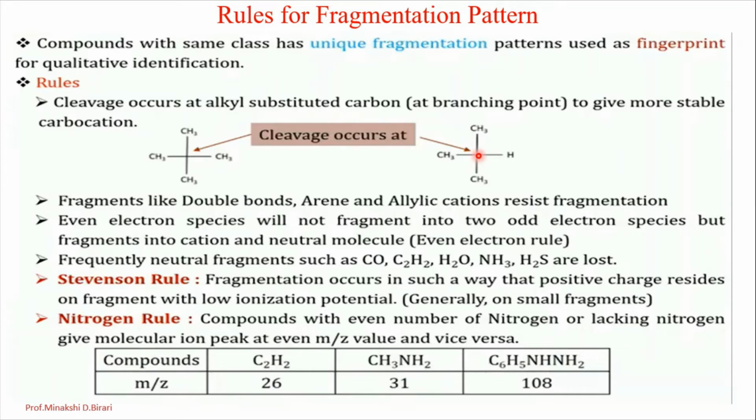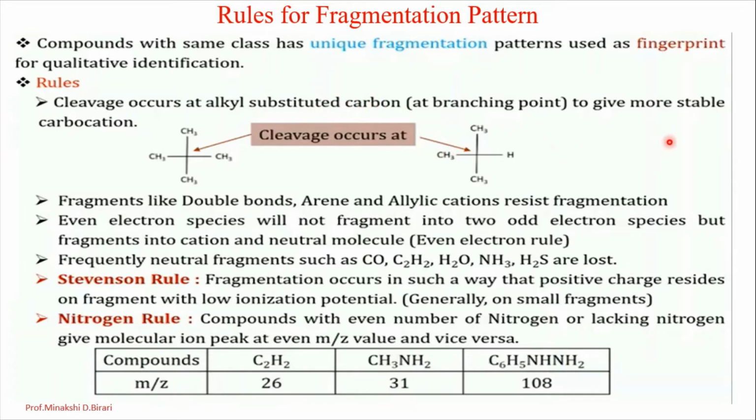Already I have explained that the tertiary carbocation is more stable as compared to secondary carbocation, as compared to primary or methyl carbocation. And the general tendency for fragmentation is to give the most stable fragments as possible.